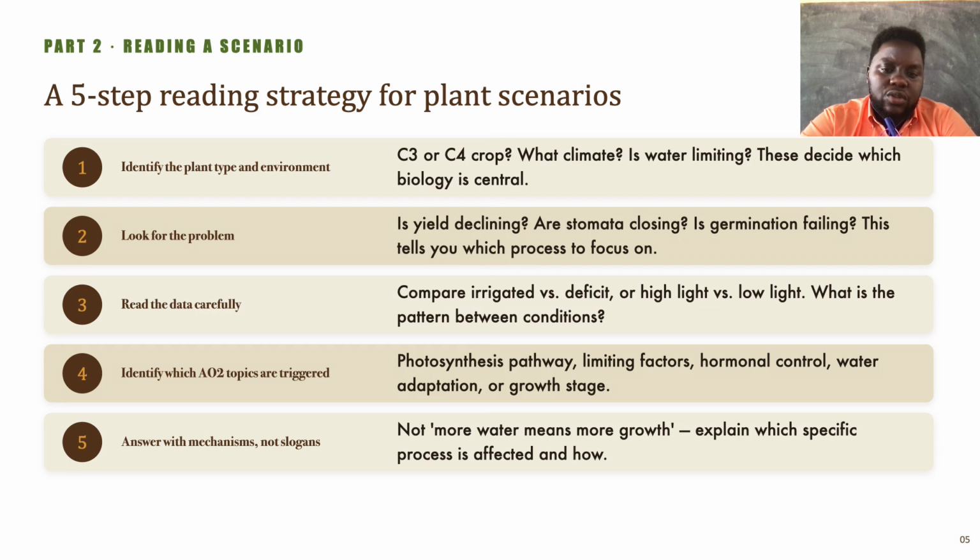Now, I want you to think about that. Do you notice the difference between the two sentences? One is simply a blank statement without any biology in it. The other could only be written by someone who actually understands the mechanism. That's what step 5 is asking you to produce every single time. Let's talk about the command words.